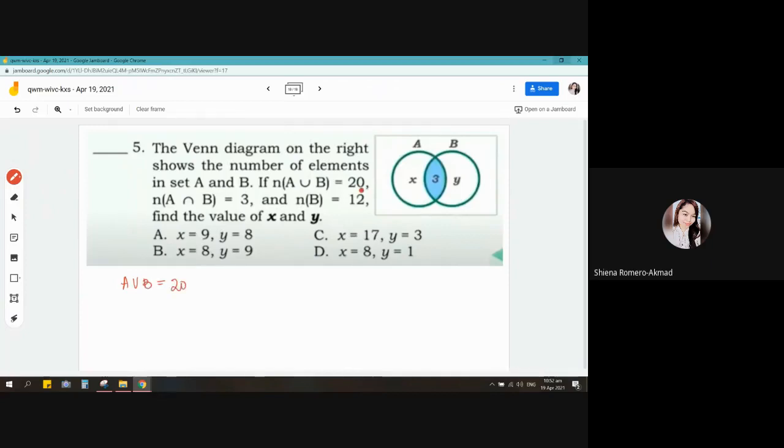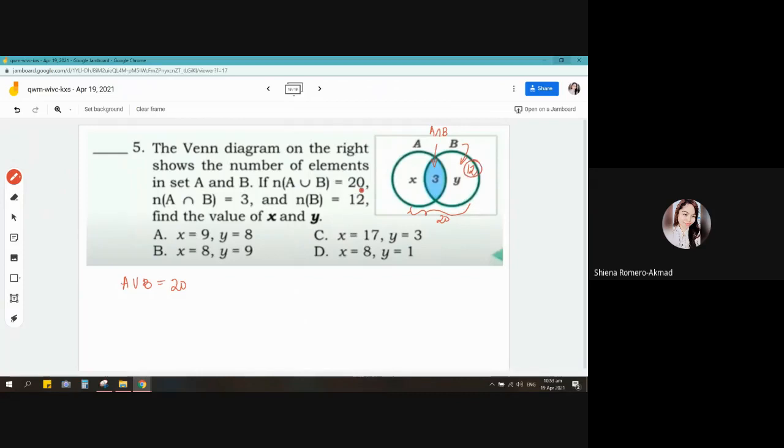So lahat ng elements dito, 20. Next, yung A intersection B or those common elements are 3. Then, yung number of elements daw sa B ay 12.